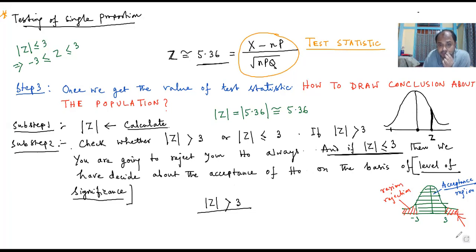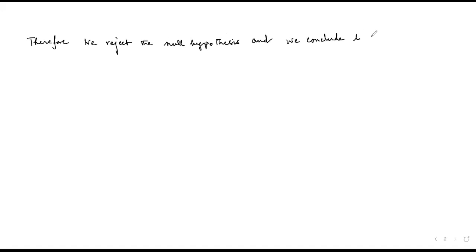And with respect to substep 2, we are going to immediately declare that we reject the null hypothesis and we conclude that the given die is not unbiased.